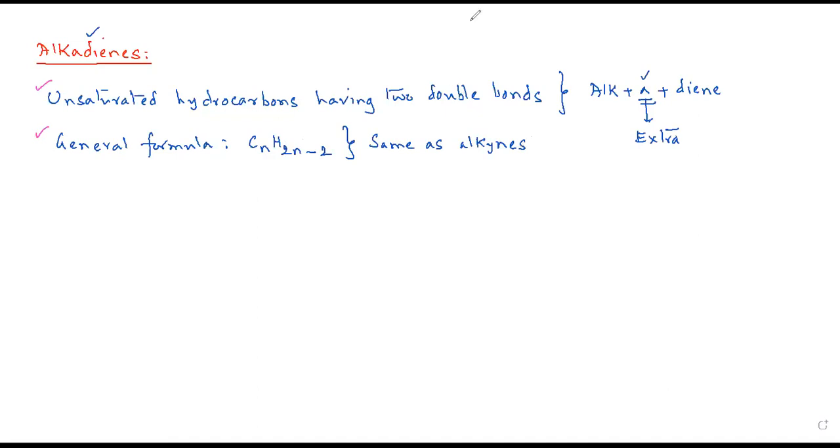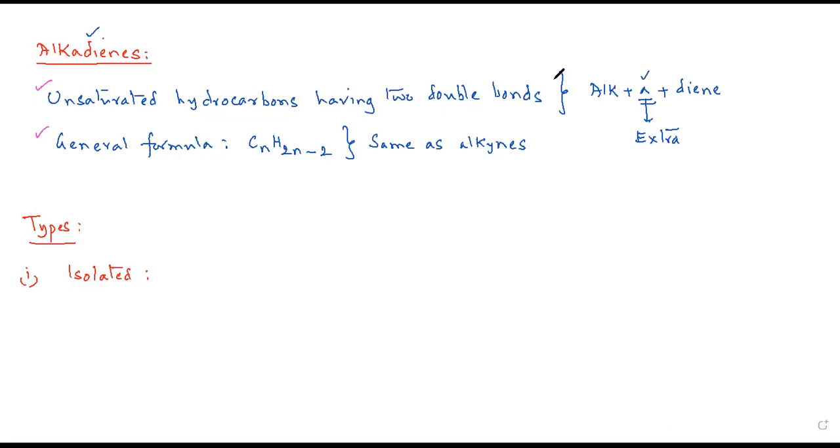Now, let me give you the different types of alkadienes that we have. Of course, there are three different types of alkadienes. The first one, isolated dienes.